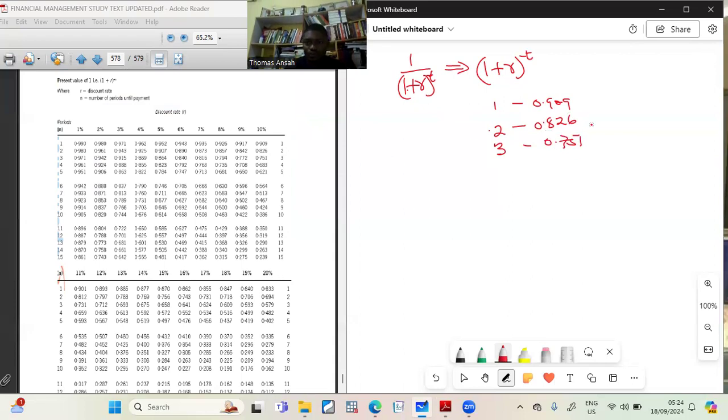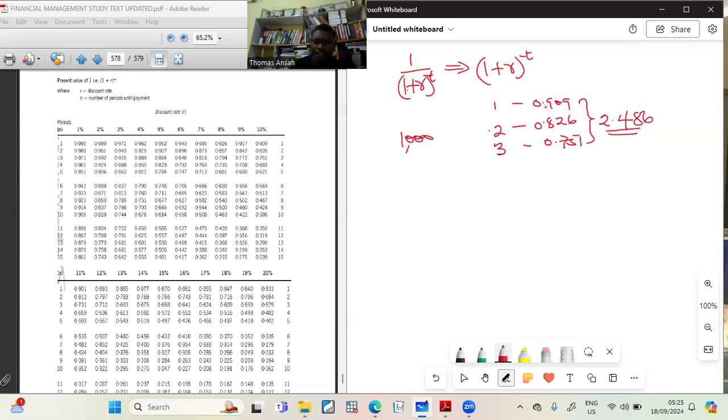Now, since the cash flows were 1,000 every year, you can as well do the annuity. The annuity is just the combination of all these discount factors. So 0.909 plus 0.826 plus 0.751 gives me 2.486.